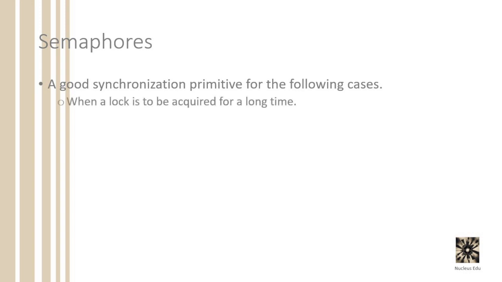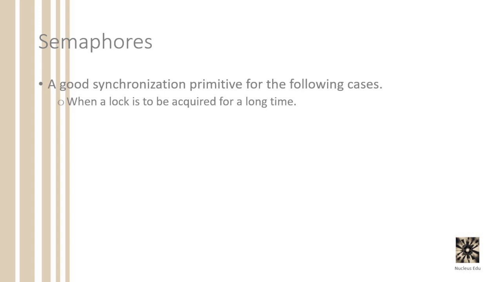So for semaphores, a good use is where the lock is to be acquired for a long time, right? And this particular one also applies to the mutex lock, but we will see in the future that there are synchronization primitives like spin locks, which are supposed to be used when the locking is needed for a short period of time, or when you know that the process taking the lock is not going to get preempted out or sleep.